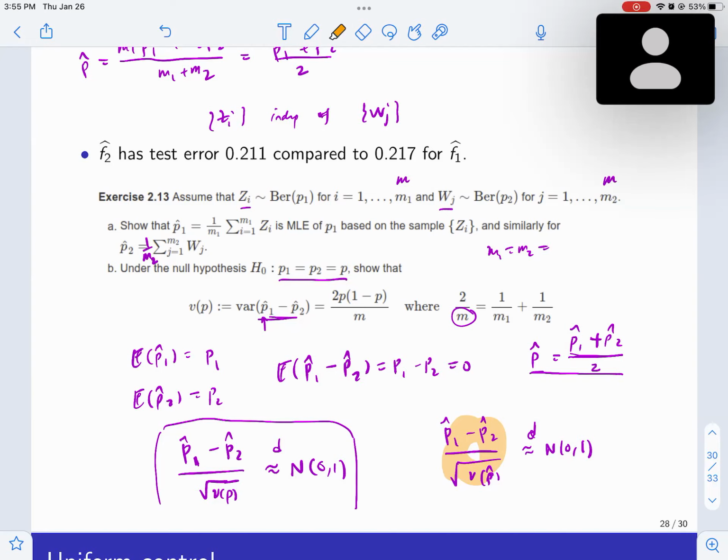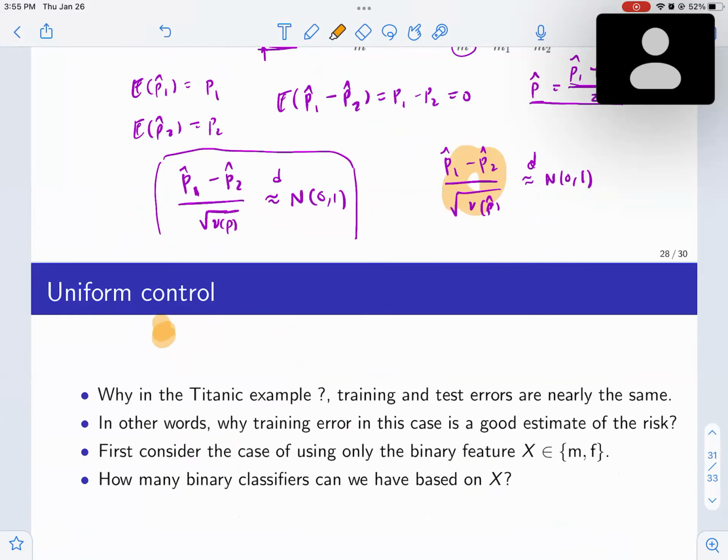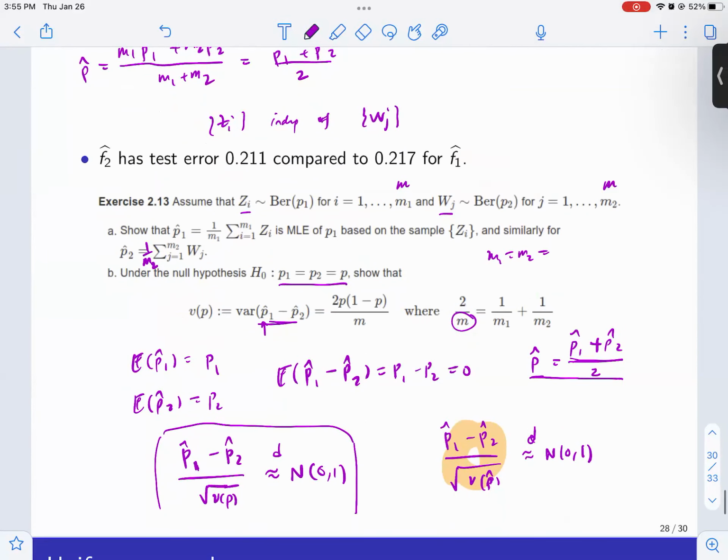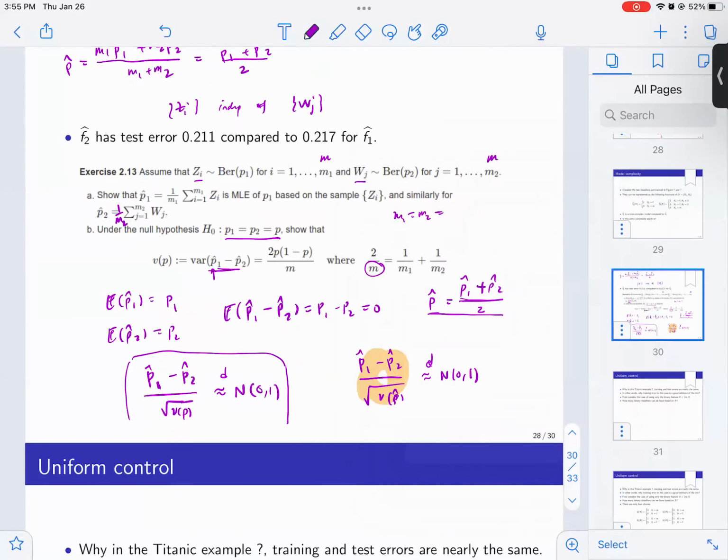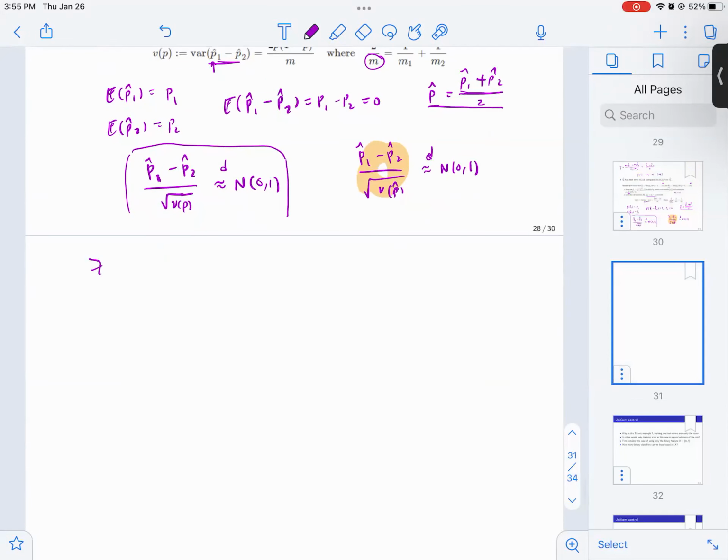There is a bit of an issue here, which is that in our case we have the Zi's, which are indicators of f hat 1 not equal to yi tilde, and then the Wi's, which are a different function but the same example, and i goes from 1 to m for both.